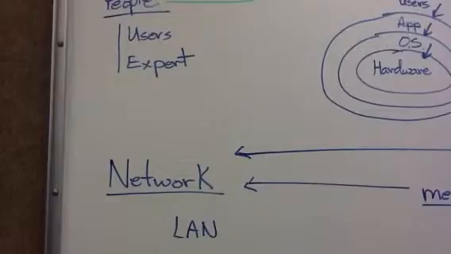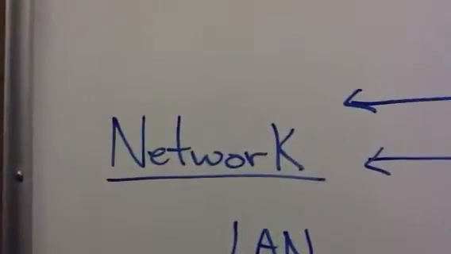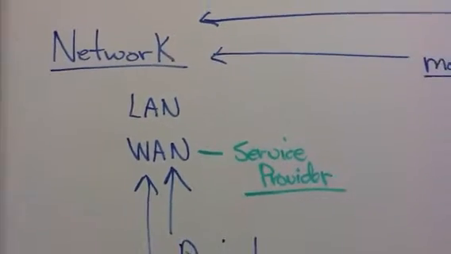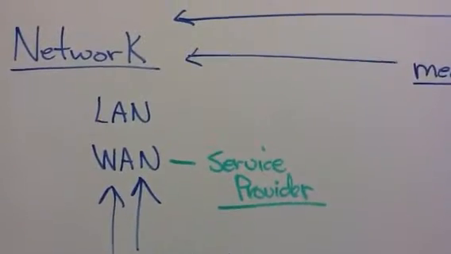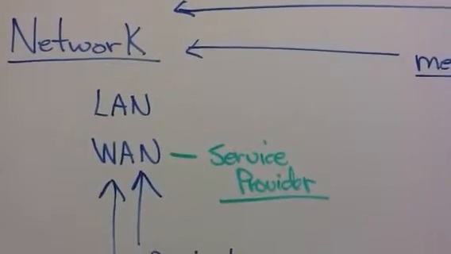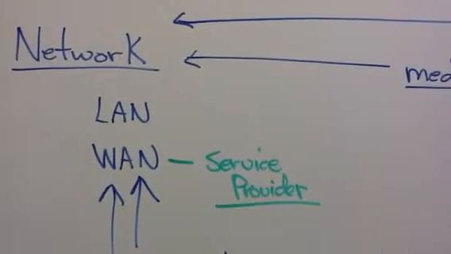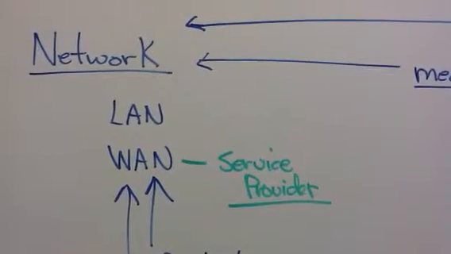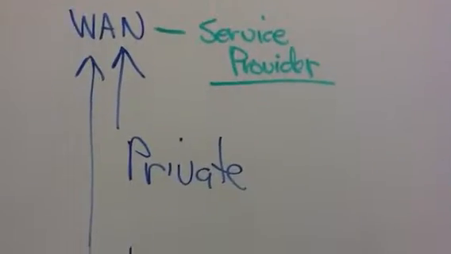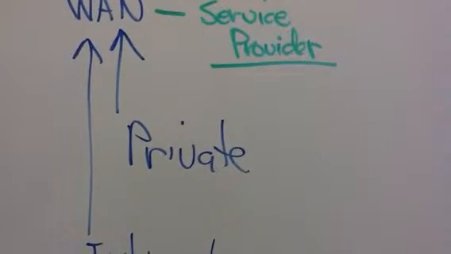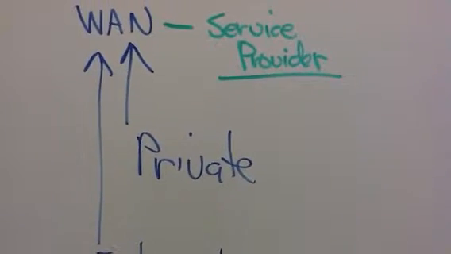And then how do we move that data around? We have networks. We have a local area network in the same basic geographical area, and then we have a wide area network which covers a broader area. And not always, but typically we have a service provider that allows us to create connections for a WAN. We can have a private WAN, like all the major companies like Walmart and IBM.